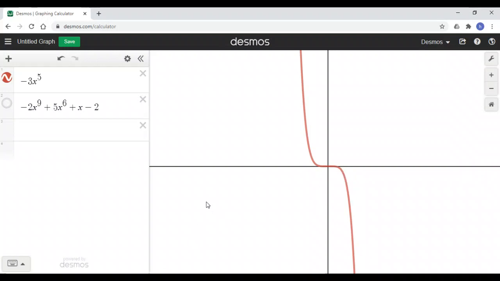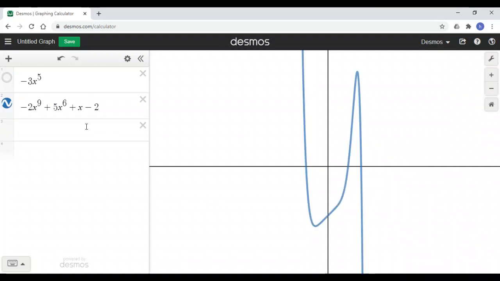And on the other hand, right here on the other function, the right end points down, left end points up, just like the red one I just turned off. Once again, this one has odd degree, negative leading coefficient.